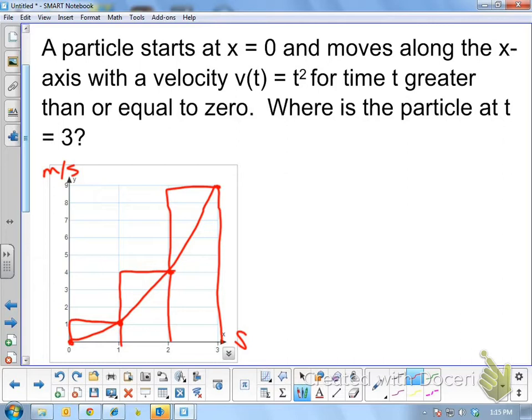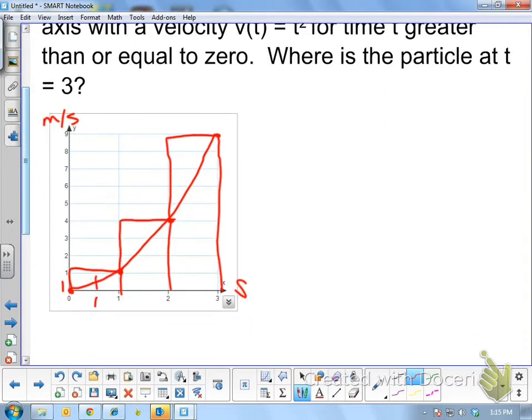So how would I find the area of this first rectangle? 1 times 1. We knew the distance across was 1. And we can find the height is 1 because if you plug the distance across of 1 into here, 1 squared is 1. So 1 times 1 gives us an area of 1 for the first rectangle.